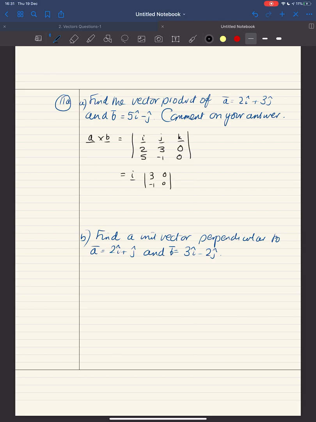Those are automatically 0 because of the two zeros there. Minus J, 2, 5, 0, 0. Plus K, 2, 3, 5, minus 1. Because of these two zeros, as I've discussed before, they both equal 0. So this is K times 2 times minus 1 minus 5 times 3, which is minus 2 minus 15, which is minus 17K.